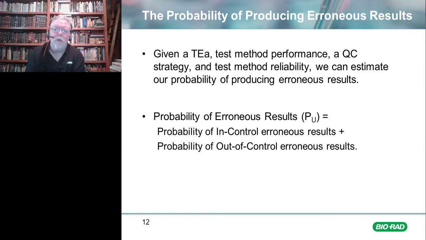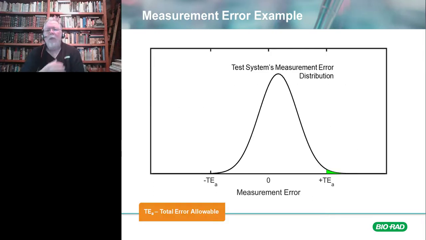So first we'll look at how to estimate the probability of producing erroneous results when we're in control. Here is an example of the distribution of measurement error. If I start off with 0 measurement error, you can see in the center of the graph that my distribution is not actually positioned over 0, and that's because we have some measure of bias in our system.